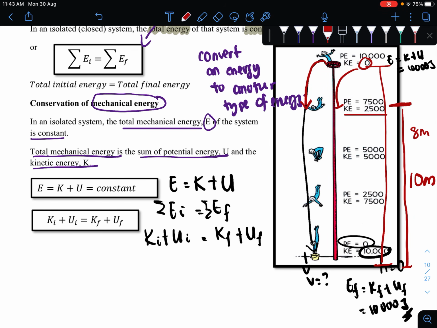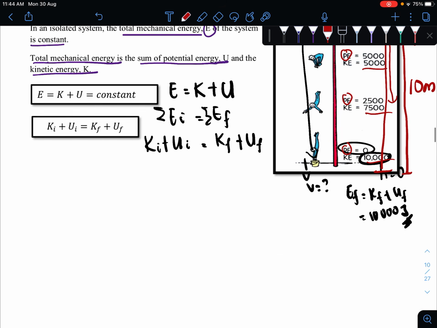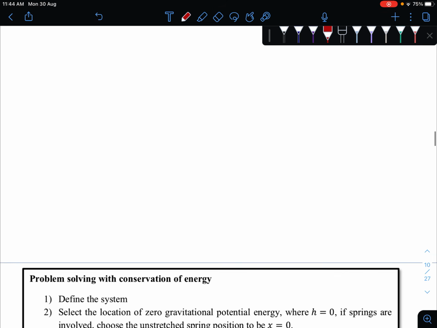So from no kinetic energy, we start having kinetic energy because of velocity. H decreases, so potential energy decreases here. As you can see, as you're decreasing in height, the potential energy is reducing until h equals zero, potential energy equals zero. Kinetic energy, as you're going down, your velocity is going to increase, leading to an increase in the kinetic energy. This shows the involvement of different types of energy in a system.